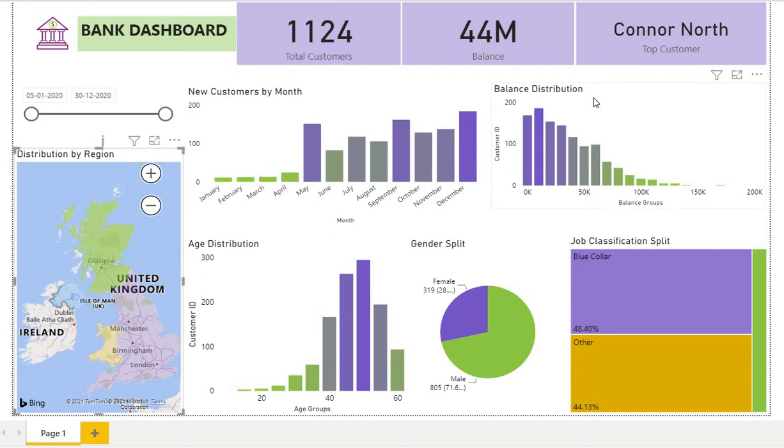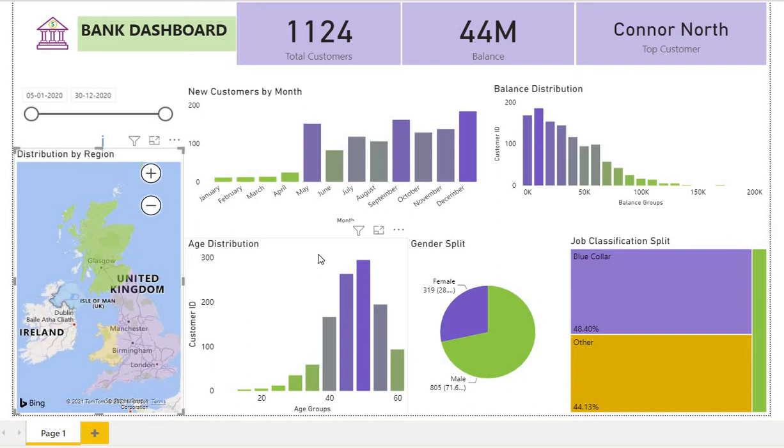Similarly, for the balance distribution, we can see that the customers and the balance groups are inversely proportional to each other. That is, if the number of customers are high, the balance is lesser. And if the balance is high, the number of customers is less. That is, we can analyze from this that the people are not having much balance in their accounts.